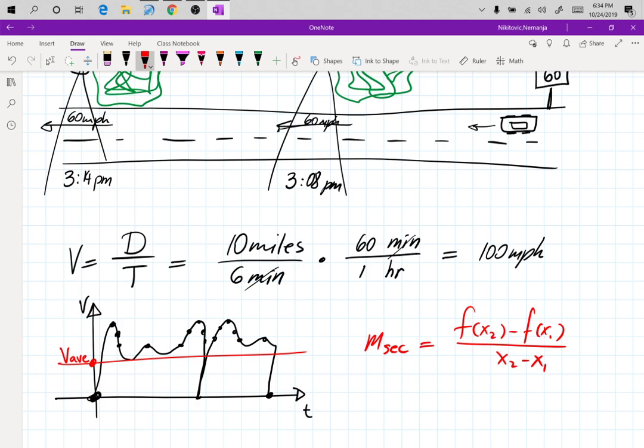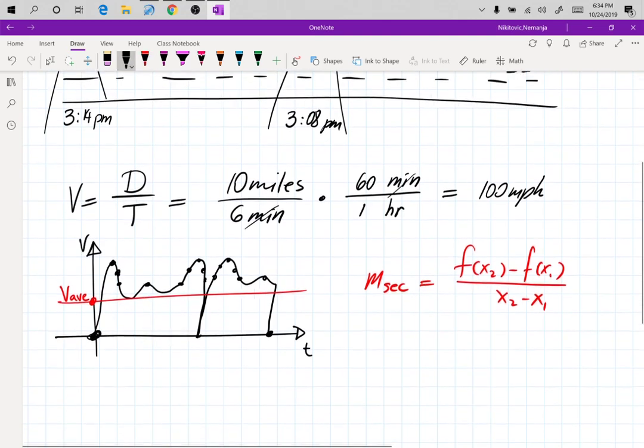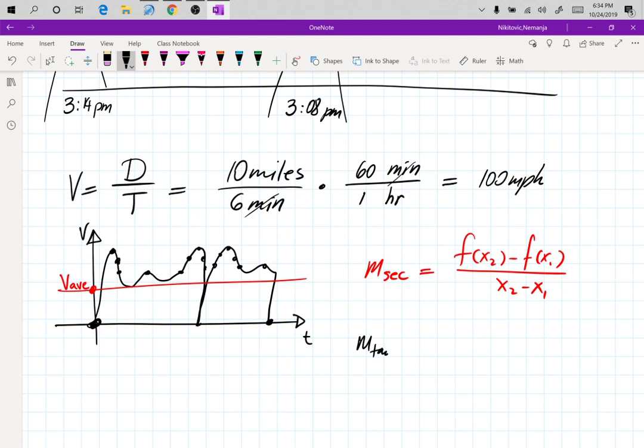And the world of black, in this case on the graph, where you have the m tangent, which was the limit of m secant, and that was the derivative. Right, and that's the instantaneous. So these are the two worlds that we have, and we understand the difference.